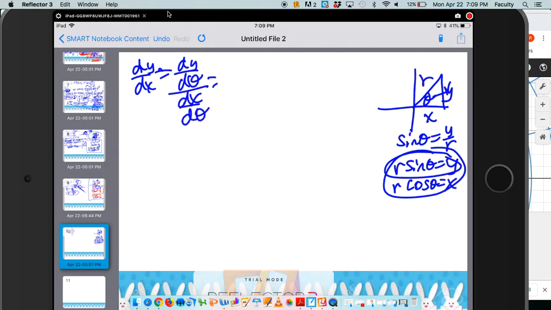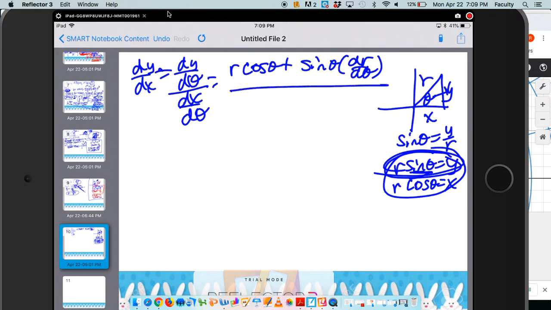And using the product rule again real quickly, you would have first times derivative of the second plus the second times derivative of the first. Then on the bottom you would have dx d theta. That's going to be negative r sine theta plus the second, cosine theta, times derivative of the first, which is dr d theta.